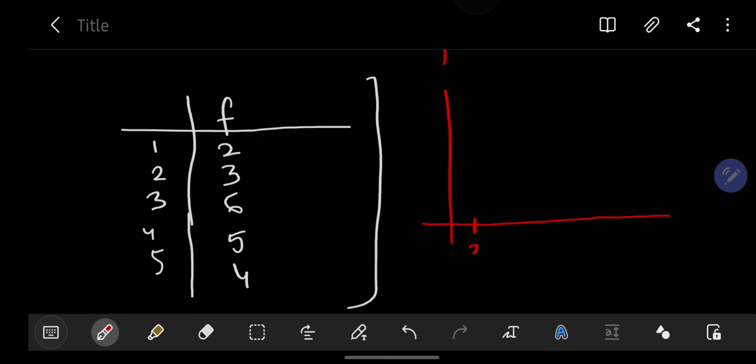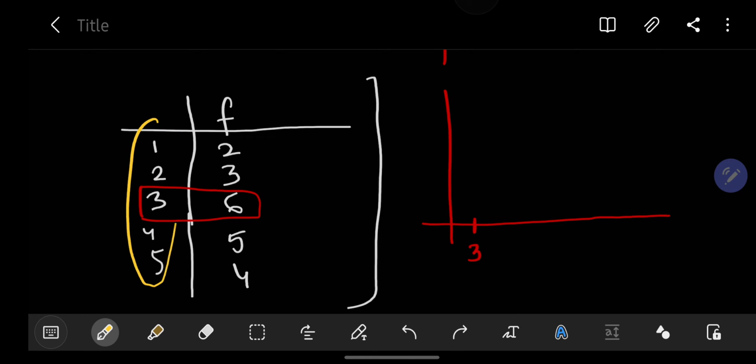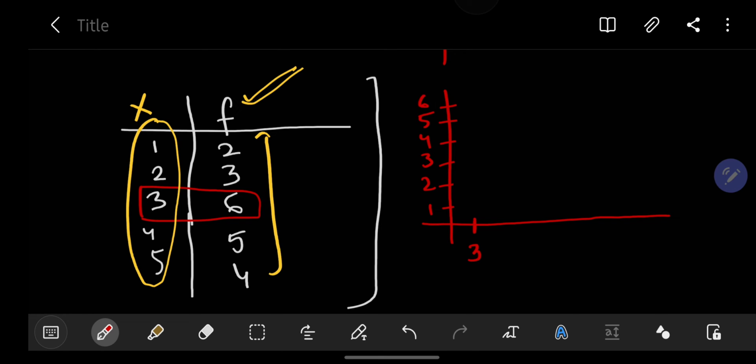So 3 is the highest value. We will not look in this column, we will look in this one. Whatever will be the highest frequency in this set, we will use it. So 3 is the first one with the highest of 6.